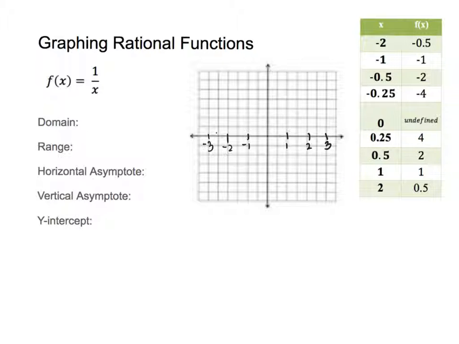So I have -2, down 0.5, which is right about here. Next one I have -1, -1, so that's going to be down here. Next is -0.5, -2, which is going to be right here. And then I have 0.25, down 4. 0.25, down 4 is about right here.